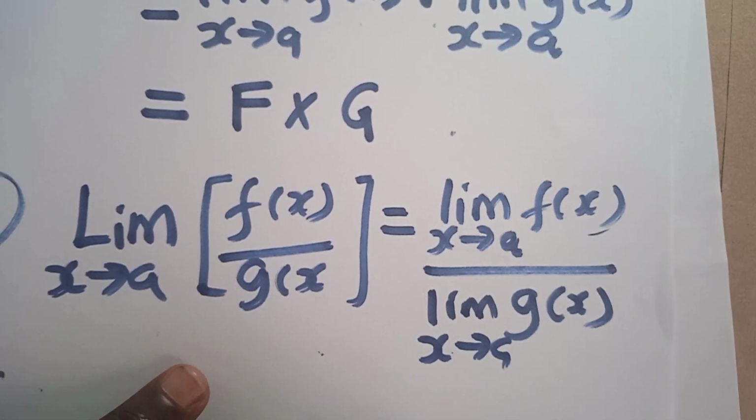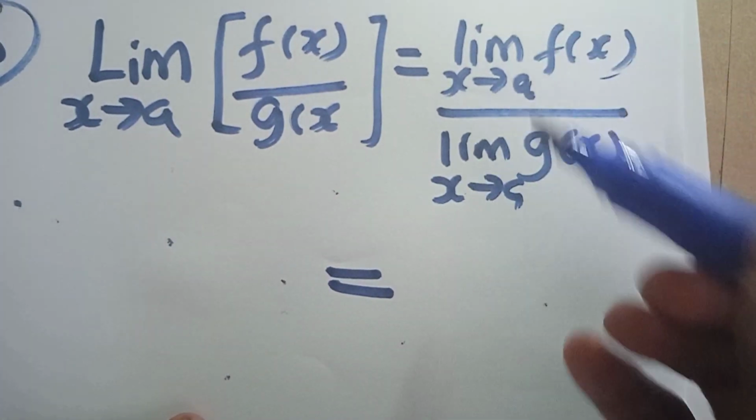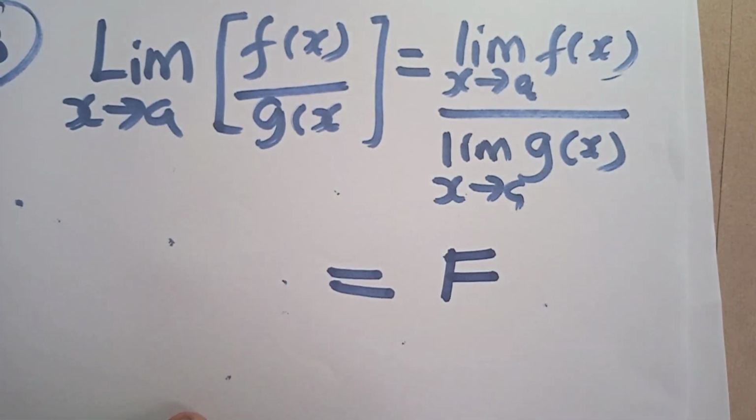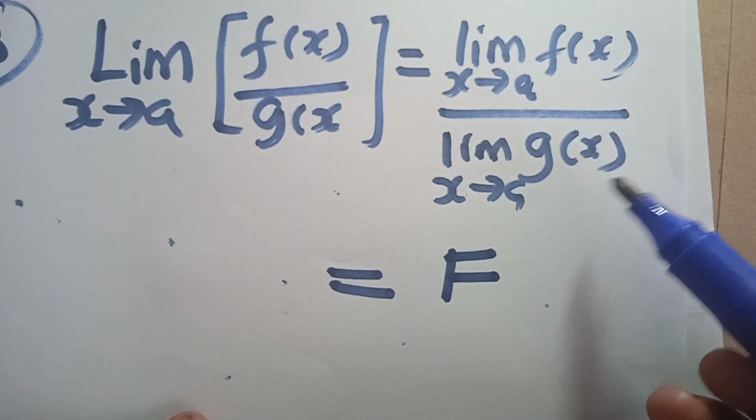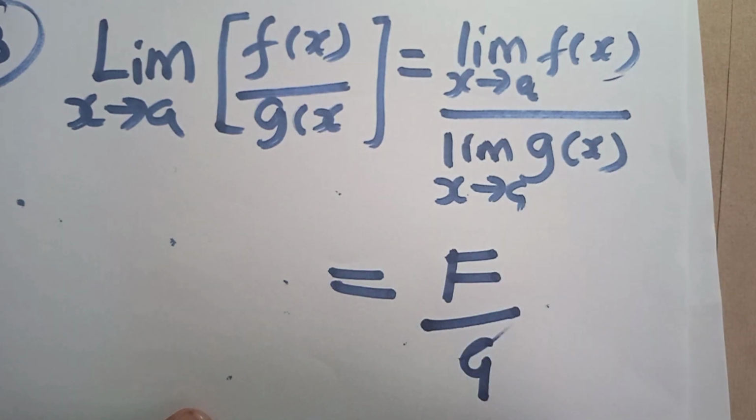That is basically equal to the limit of f of x as x tends to a, which we had said is just capital F, and the limit of g of x as x tends to a, which we had said is just g. So this is the answer.